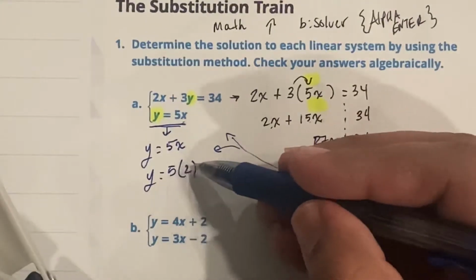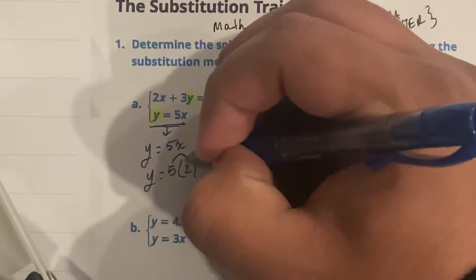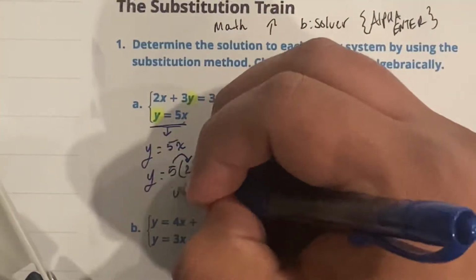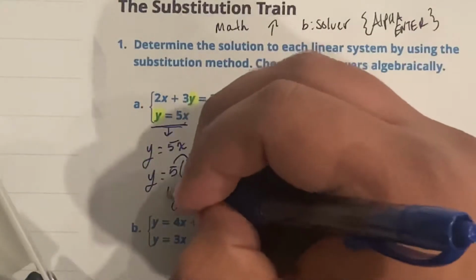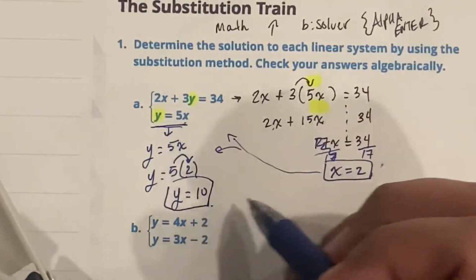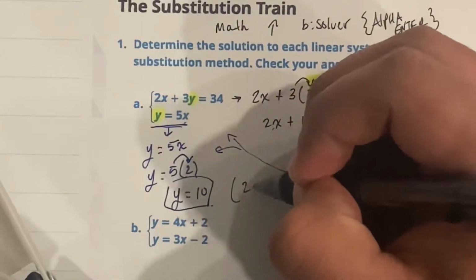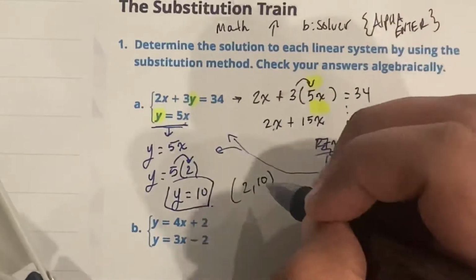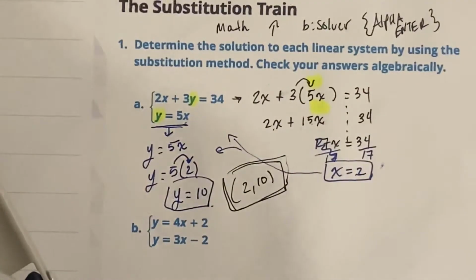And then we can easily solve this. There's nothing to do other than just multiply. 5 times 2, y equals 10. And these are my answers. How would I write that answer? (2, 10). Beautiful.